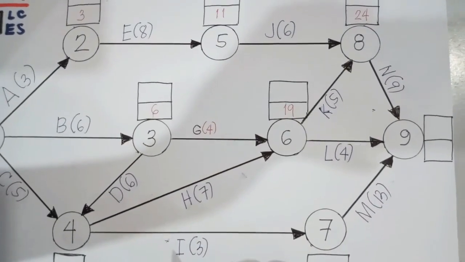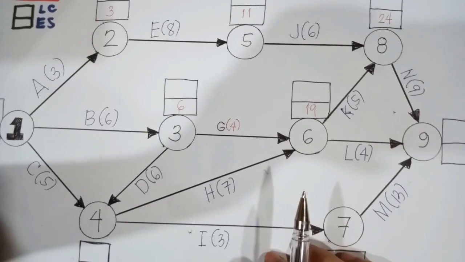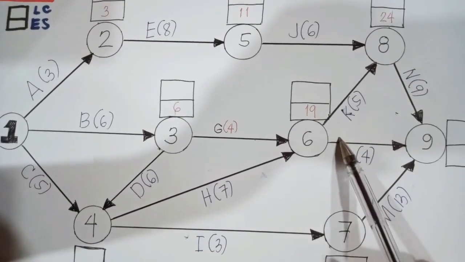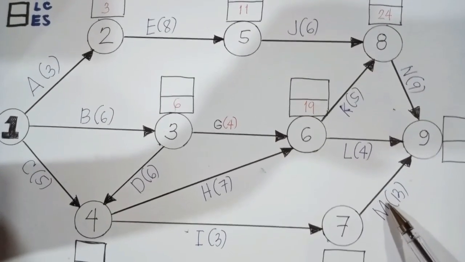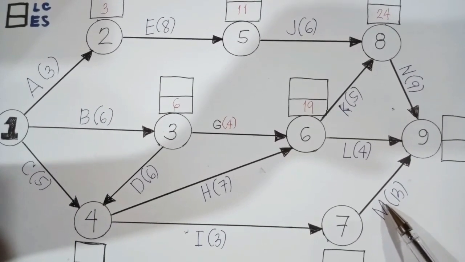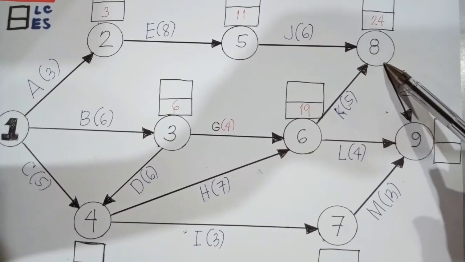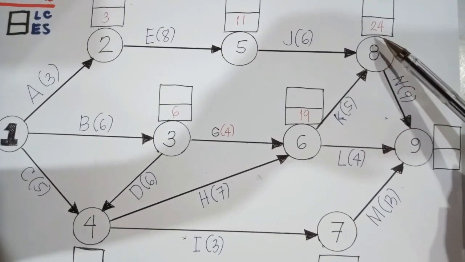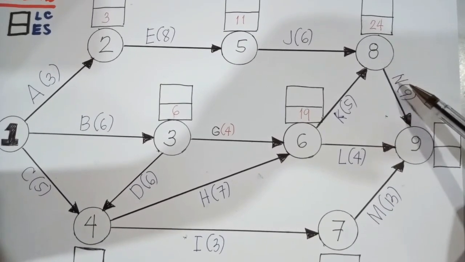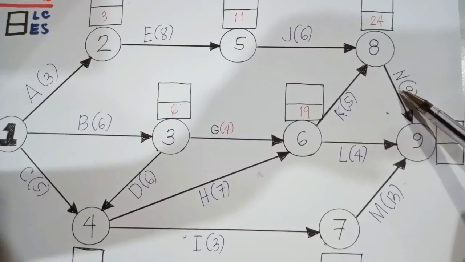And finally, for node number 9, take note that there are three activities involved. You have activity N, activity L, and activity M respectively. So we have to find again the maximum value. So in case of node number 8, your earliest start is 24 plus 9, so that would be 33.